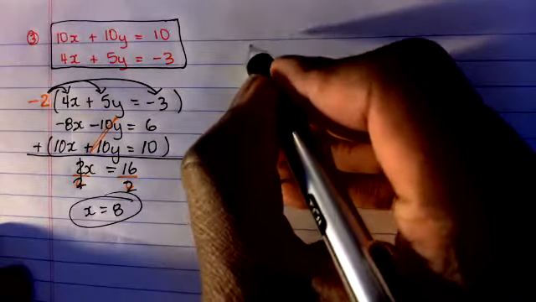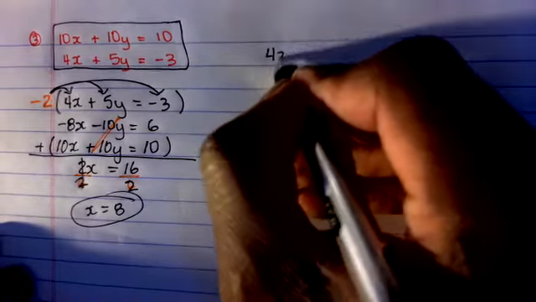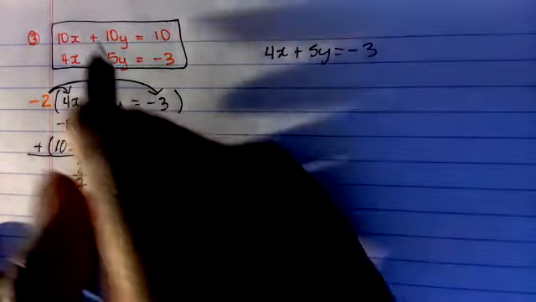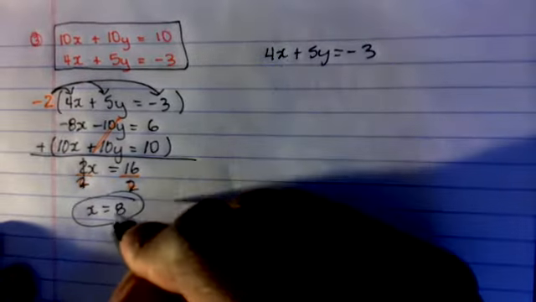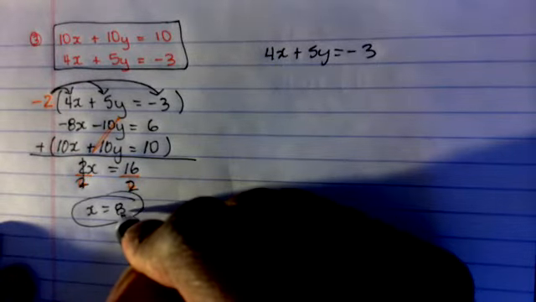x is equal to 8, so I'm going to go back to my original equation. Let's say we take 4x plus 5y equals -3, that's my original equation. Wherever I see x, I'm going to replace it with 8.